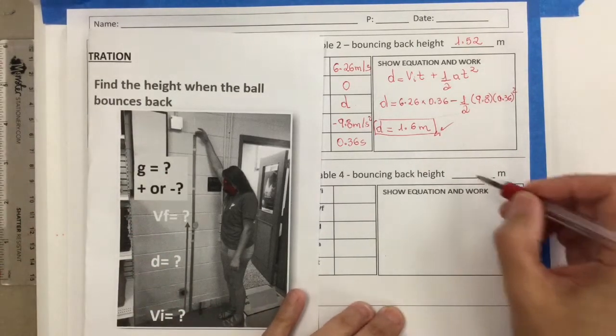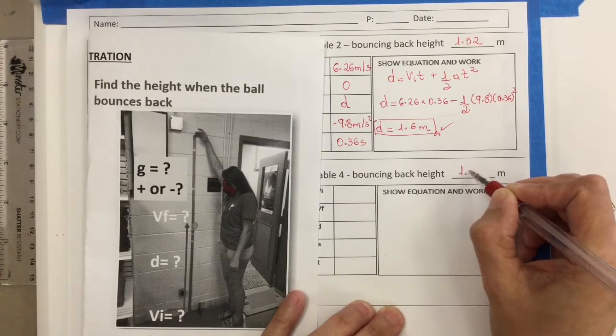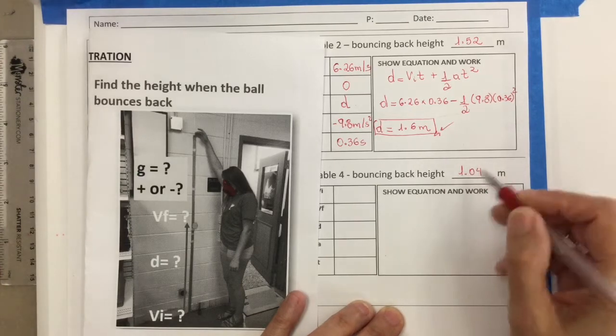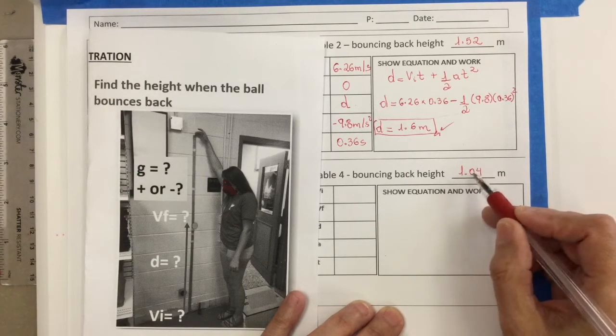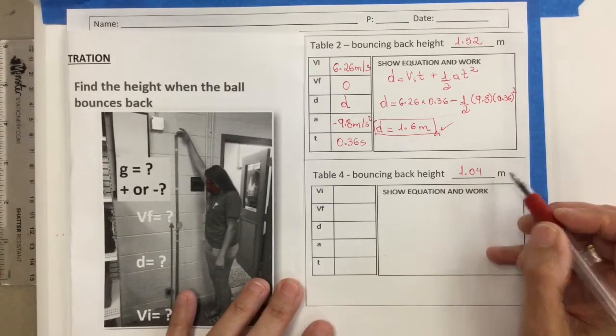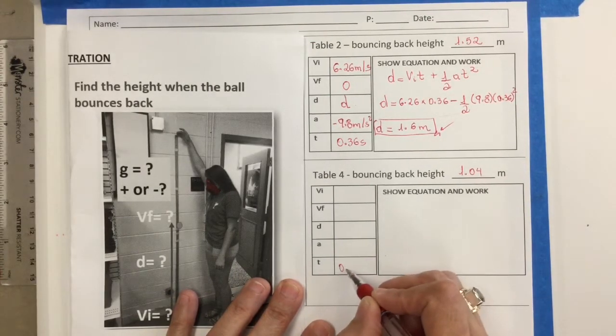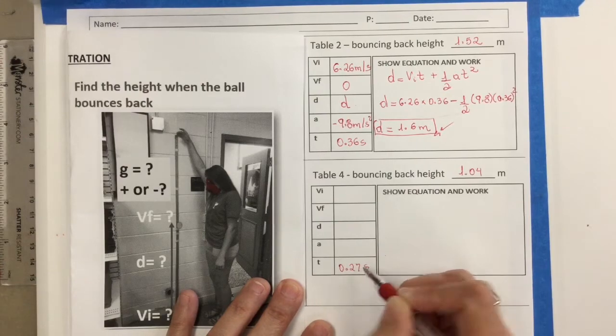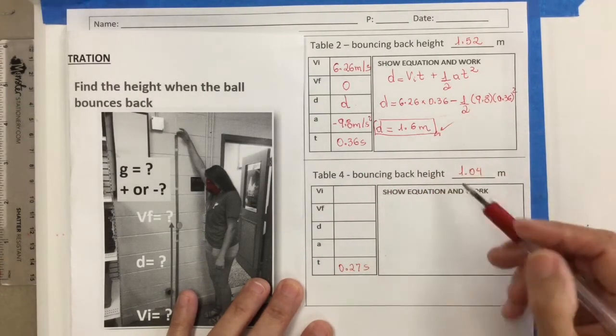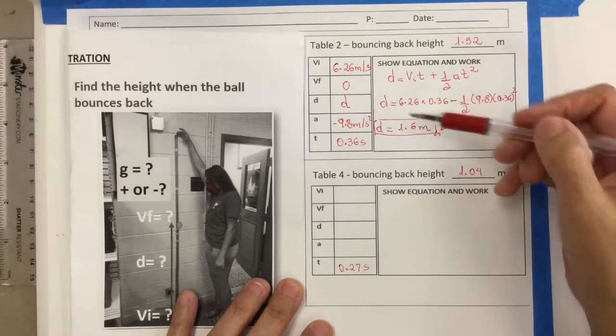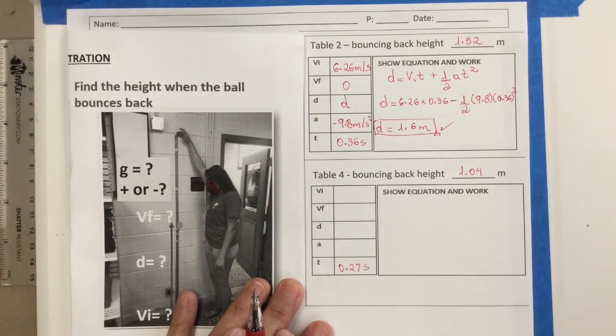For this example, one group measured 1 meter and 4 centimeters, so 1.04 meters, and the time for this group is 0.27 seconds. You are going to use those two pieces of information and do exactly the same as we did here.